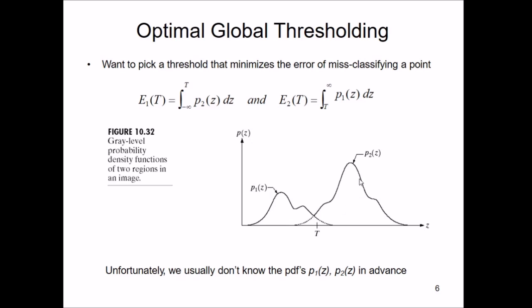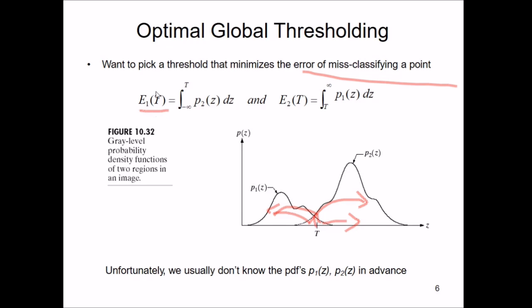But in this particular case, if we start with this threshold, these pixels which should belong here will belong to this particular area or segment, and these which should belong to this segment will ultimately belong to this. So there will be a false classification, or you can say misclassification. So we want to pick a threshold that minimizes this error of misclassifying a point.